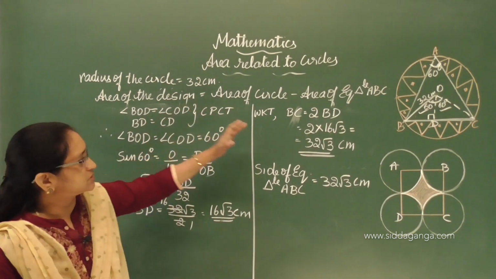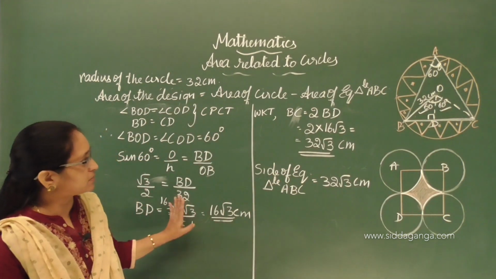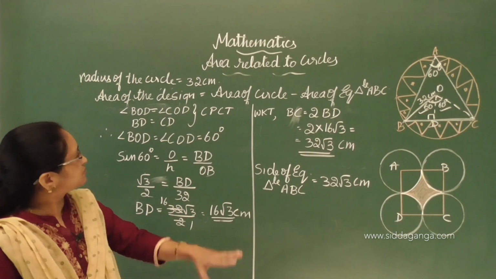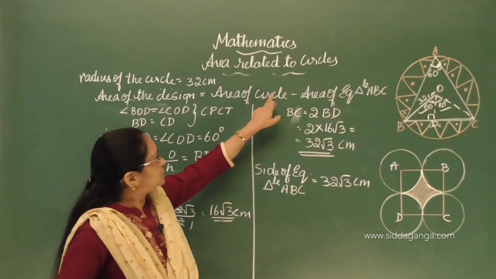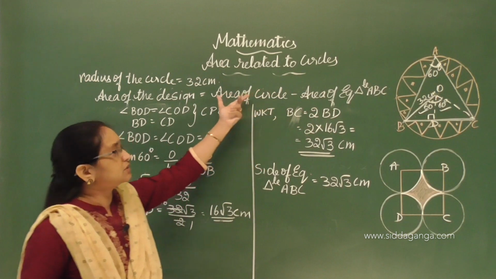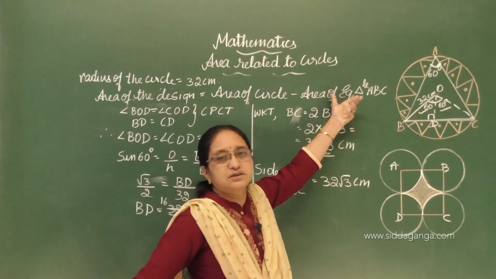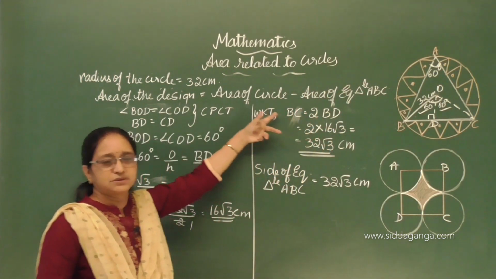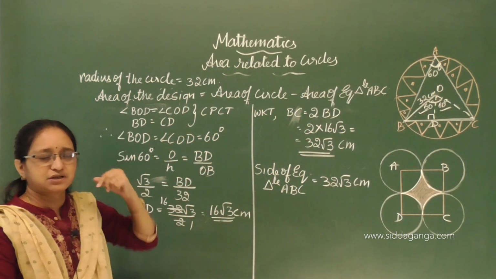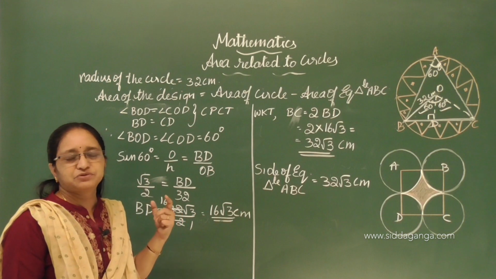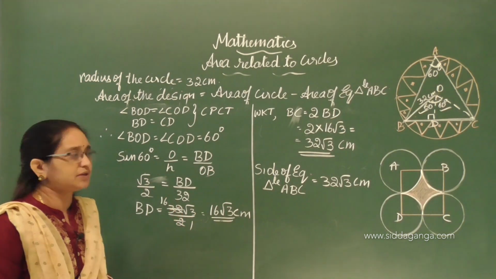I hope you understood this much. So 50% of the problem is completed. For the other 50%, we just have to put the values in. We have to find the area of the circle, find the area of the equilateral triangle, and subtract. I hope you understood. It's quite lengthy, but if you understand, it's very easy.